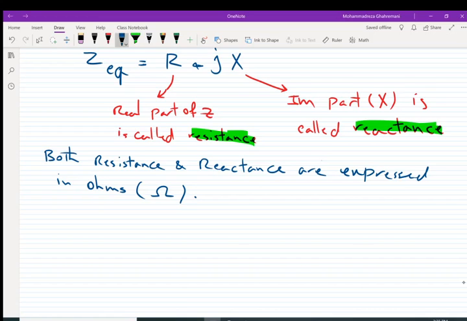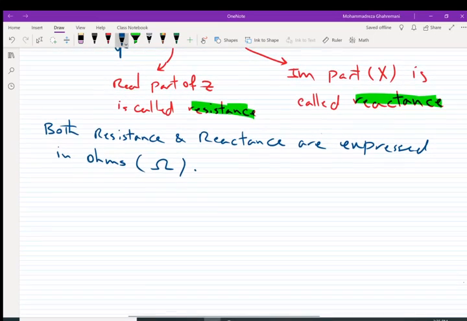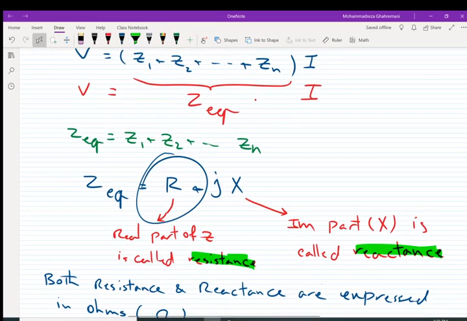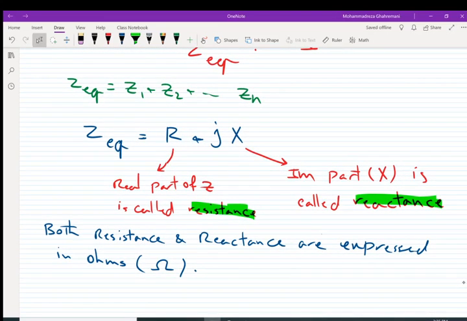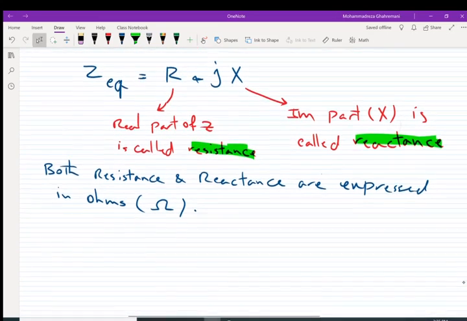For passive circuits, and so far all the circuits we learned are passive circuits, later we will discuss active circuits, like the op amp we had for DC circuits. Here we have a passive circuit. For passive circuits, resistance is always positive because it's the actual value of the resistor. But reactance can be either positive or negative.